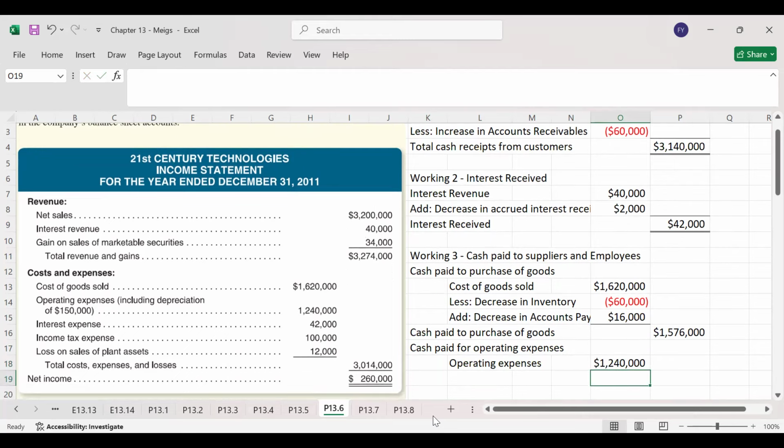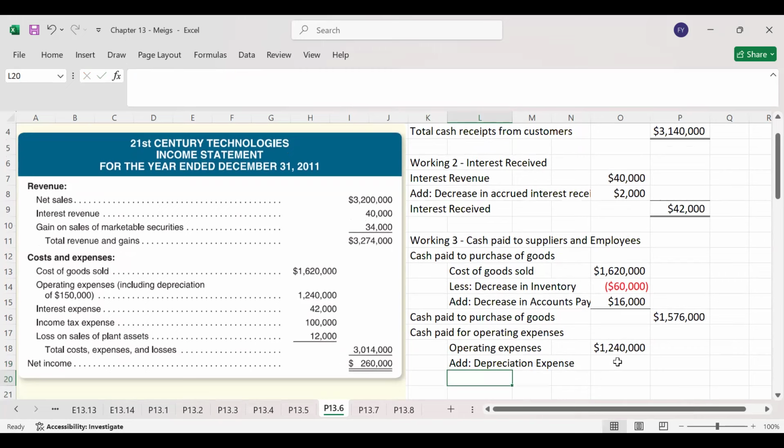Then we are going to deal with non-cash expenditure, which is depreciation.